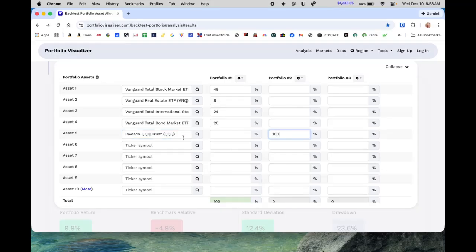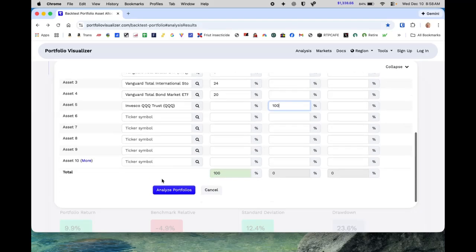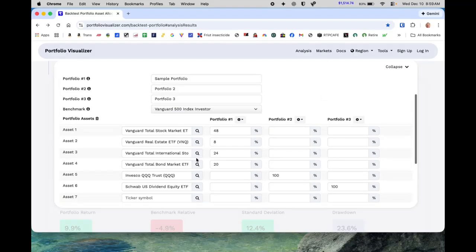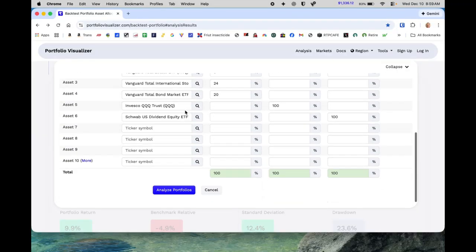So I could put in as many stocks as I want. And if you want to add more stocks, or ETFs or whatever, you just click on more. So let's say the next ticker symbol, what do we want to do at 100%? So we want to, and then you can put in a benchmark. I was hoping to use the S&P 500, but this is the closest that I came to it.